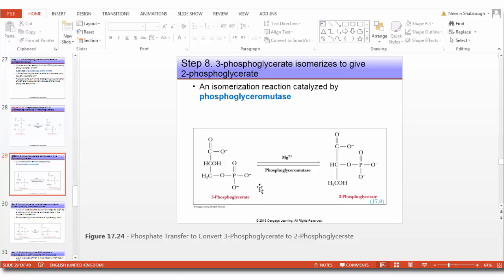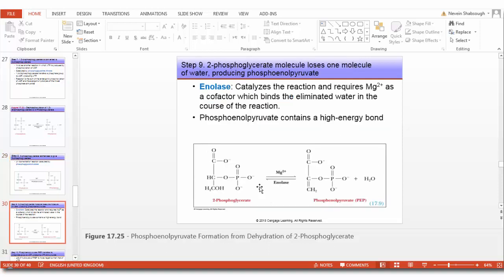Now reaction number 9, the conversion of 2-phosphoglycerate into phosphoenolpyruvate by loss of one water molecule. The enzyme that catalyzes this reaction is called enolase. It requires Mg2+ as a cofactor.